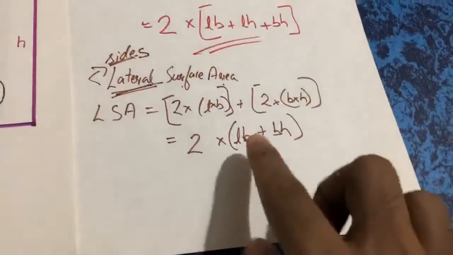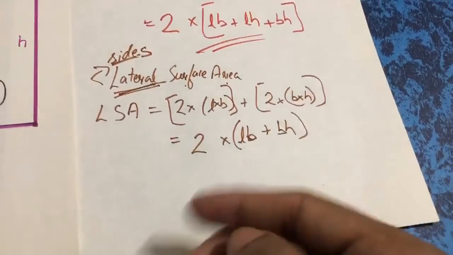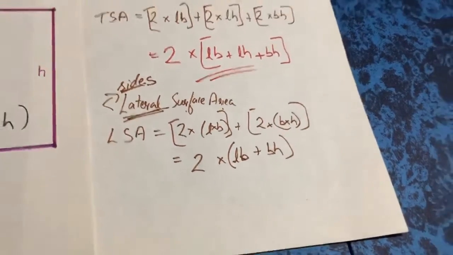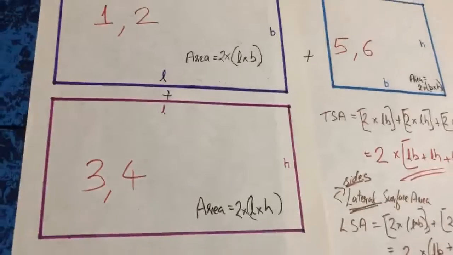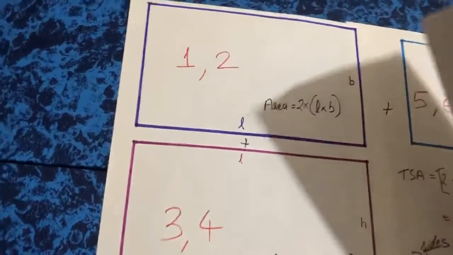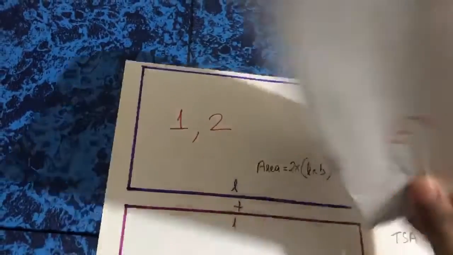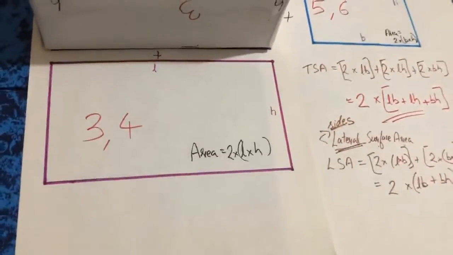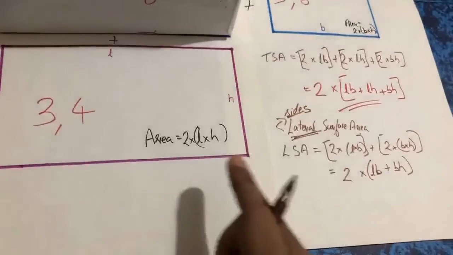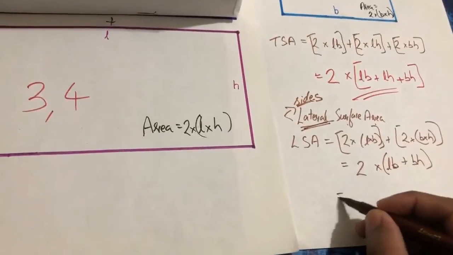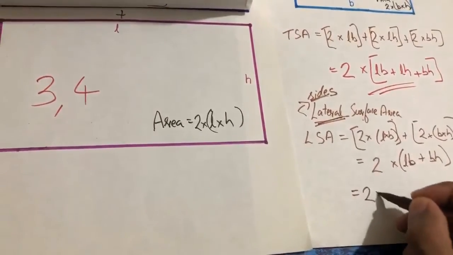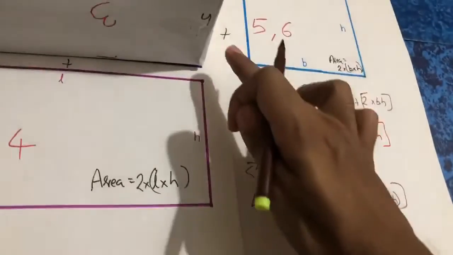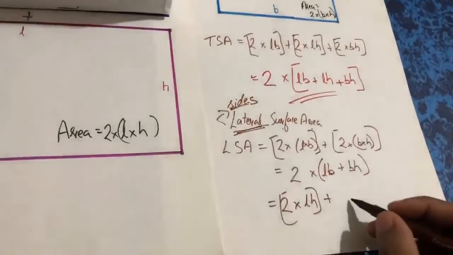But here, this formula can change depending on what your base is. For example, this time I considered 3 and 4 as base. If my base was 1 and 2, what is my LSA? My LSA will become 2 into LH plus 2 into BH.